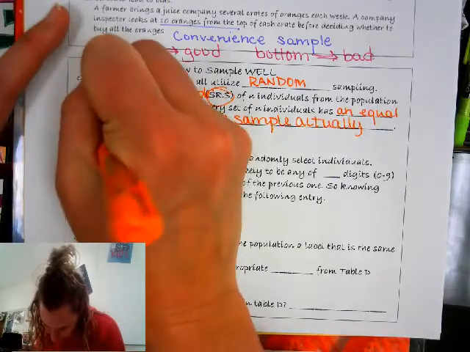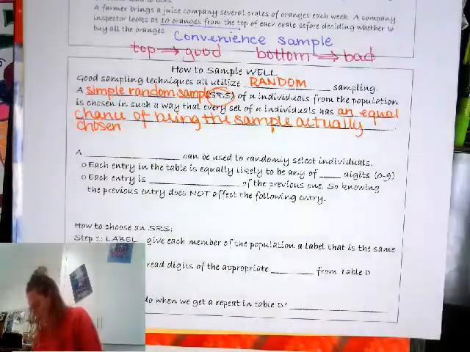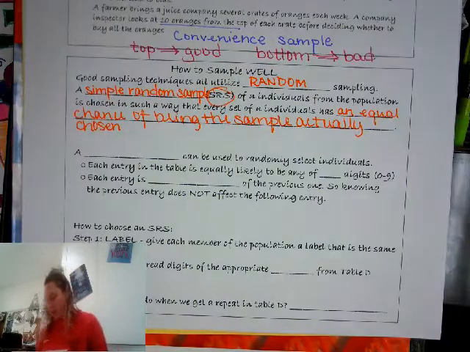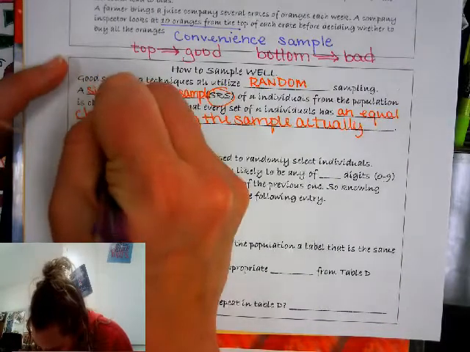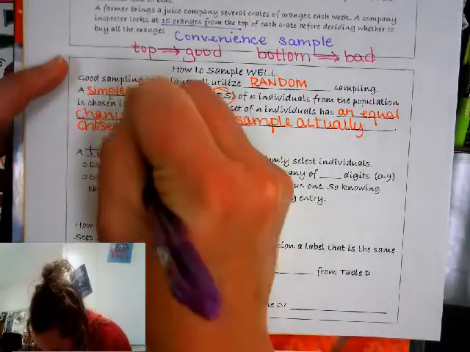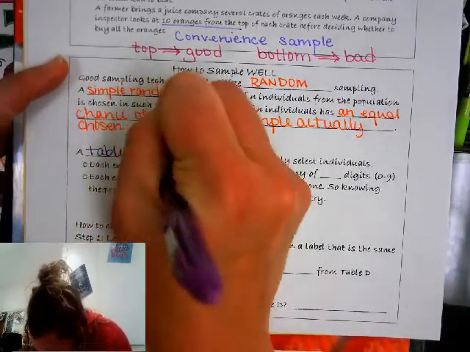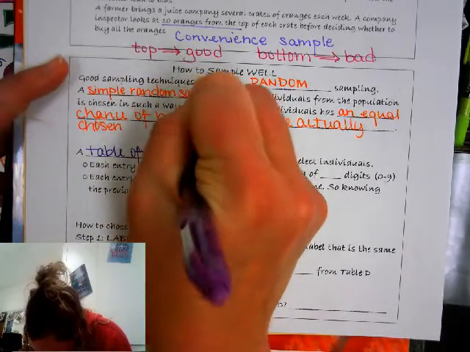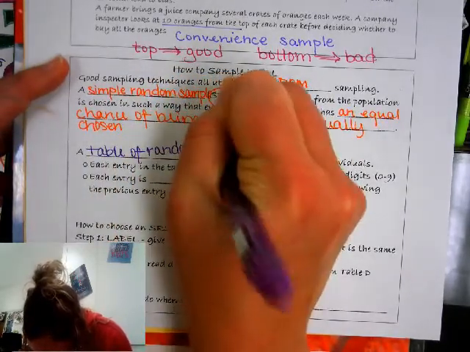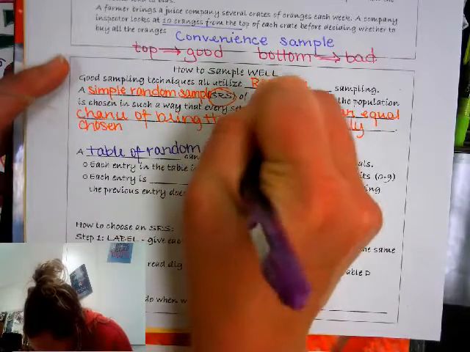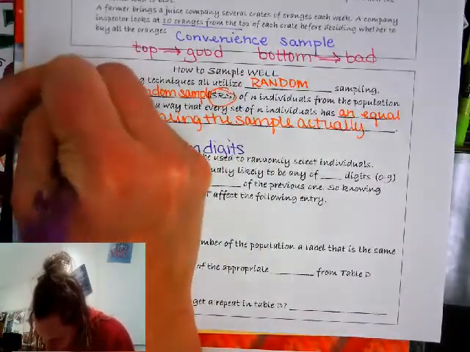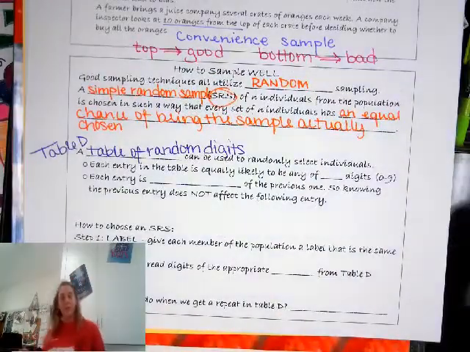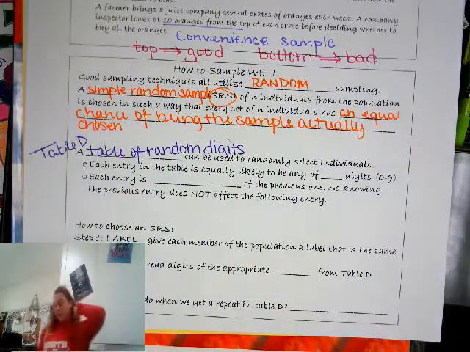A table of random digits can help us with this, and we've used that before. Also known as table D, because in the appendix of the textbook I took it from, they labeled it as table D. So a table of random digits can be used to randomly select individuals.